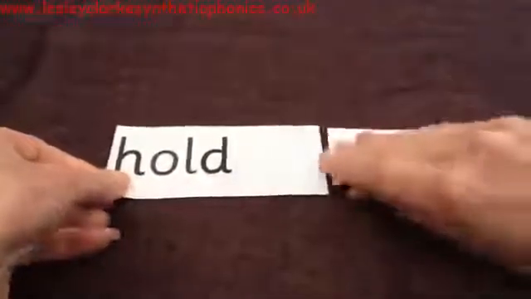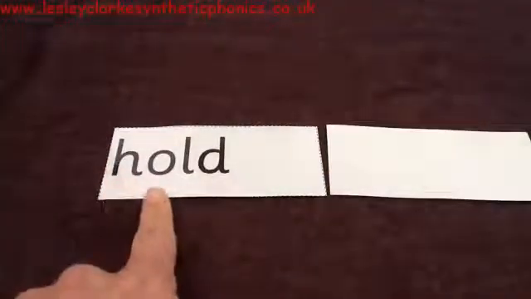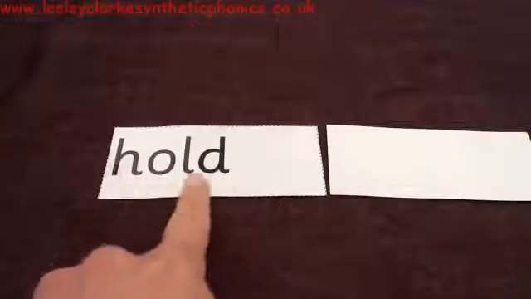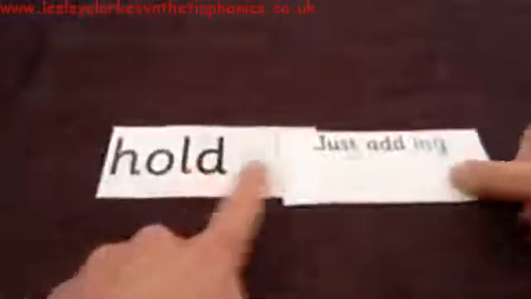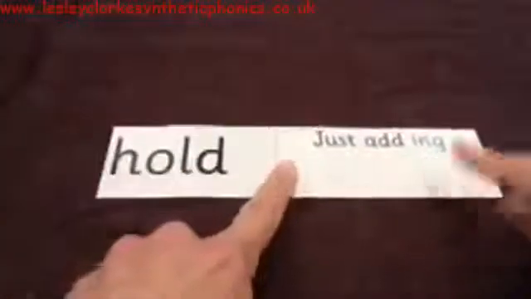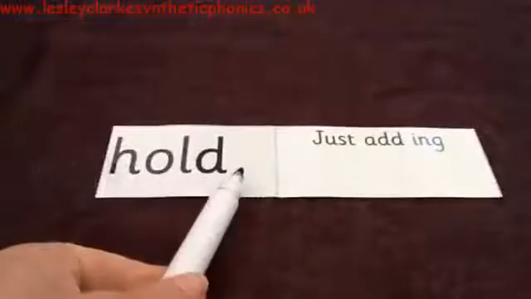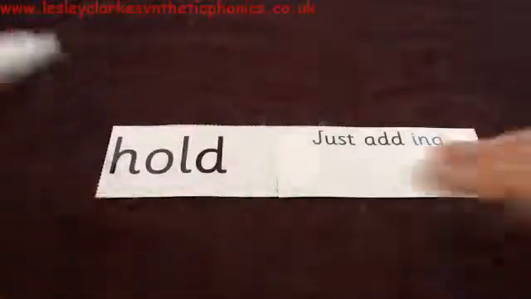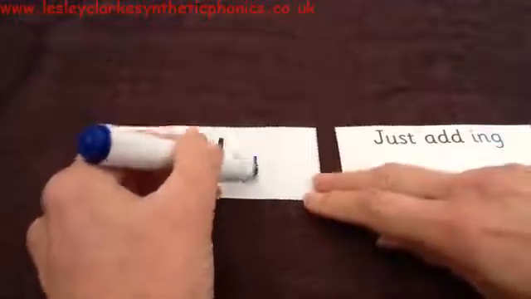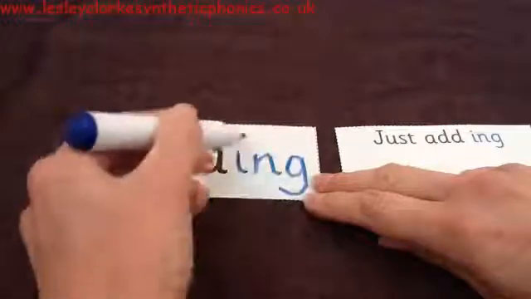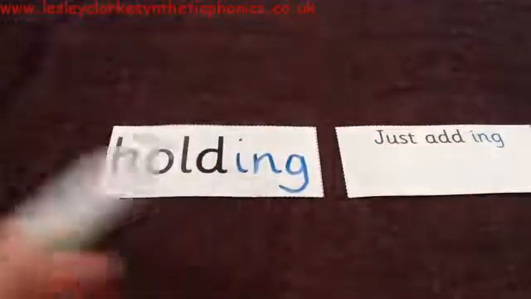So here's your words. Let's sound it out. Hold. And the rule says just add ing. If you think they match, shout snap. Well done. There's no E on the end, so we are just going to add ing. So that now says holding.